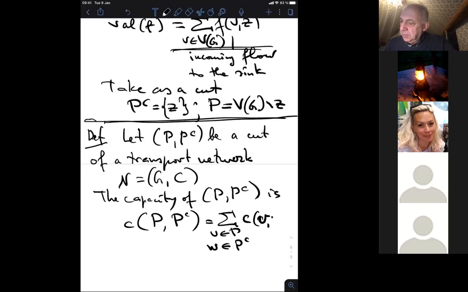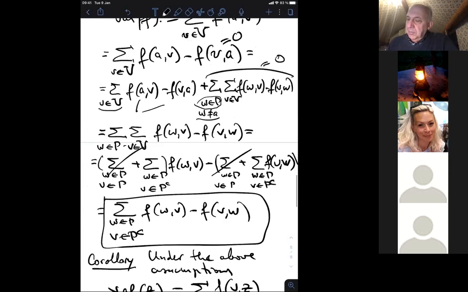So once we have a cut, we're looking at all edges going from P to P complement, not the other way around, directed that way from V in P to W in P complement, and adding up all their capacities. That's the capacity of the cut.